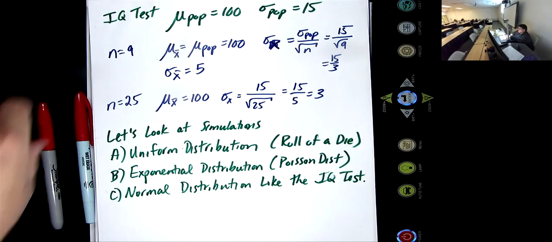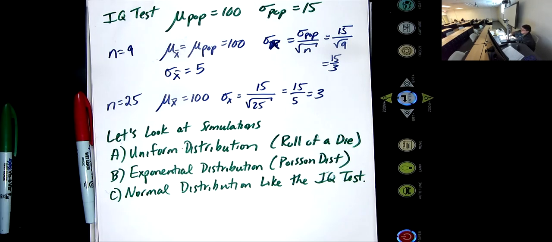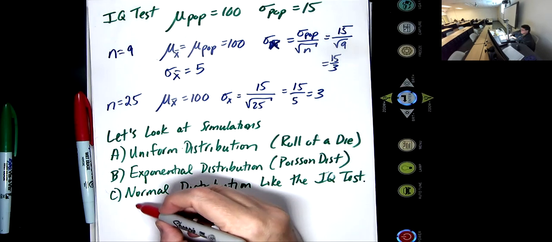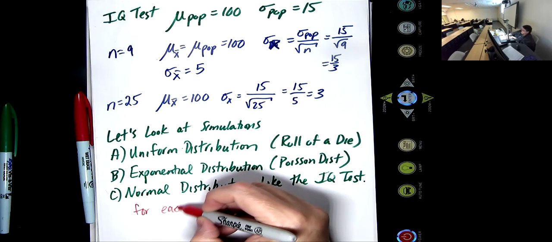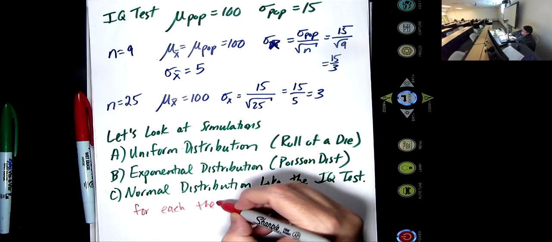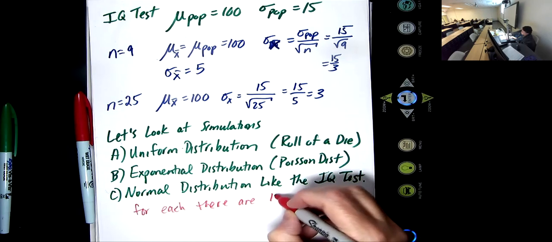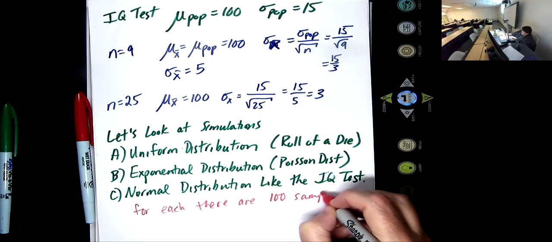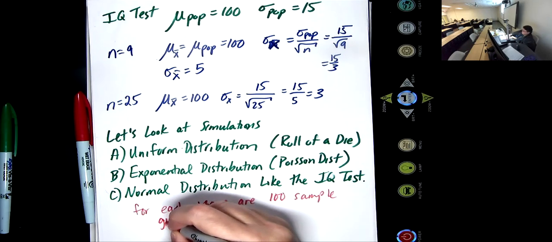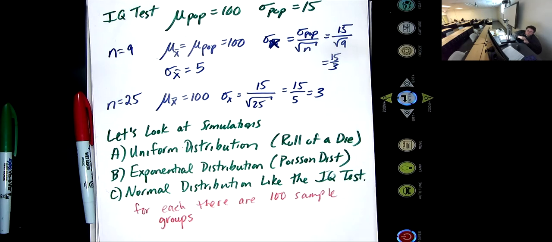In each of these, there are 100 sample groups. So there's a lot, not just a few. And let's see how many rows I used.